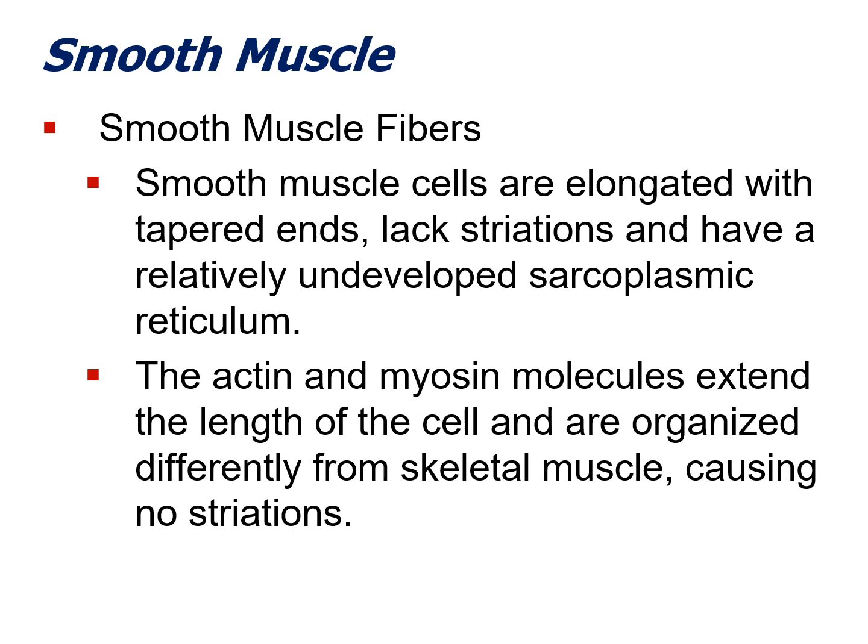They really don't have sarcoplasmic reticulum, which stores the calcium, so they have a little bit of a different way of contracting. But they do have actin and myosin, and they do extend the length of the cell, but they don't look like skeletal or cardiac muscle.